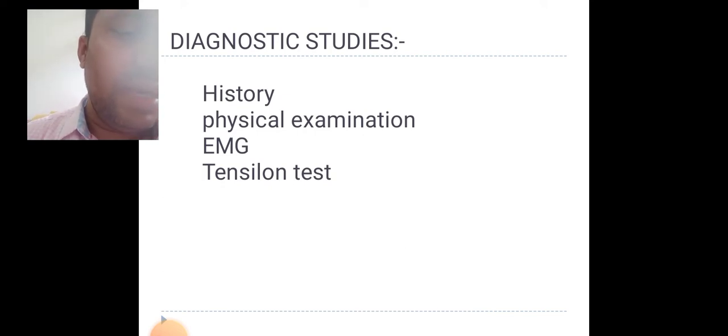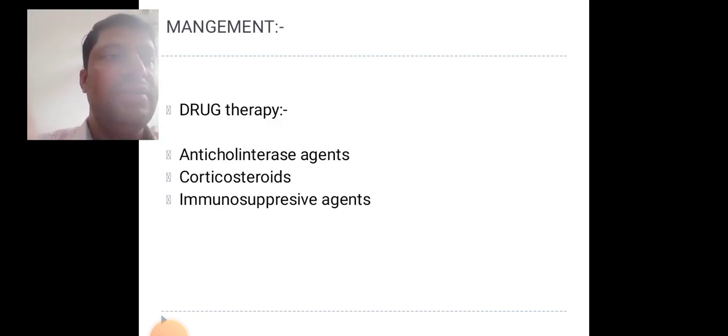This test also aids in the diagnosis of cholinergic crisis. Okay, so these are the diagnostic studies for myasthenia gravis.